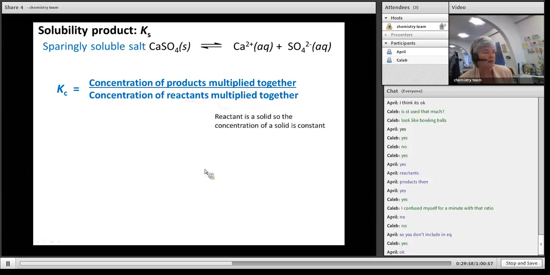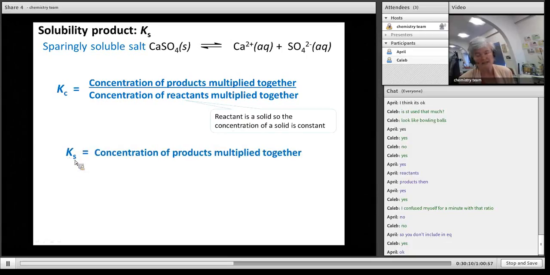Okay. So, as I said here, the reactant is a solid, so that's constant, so we can absorb those two constants together and make another constant. And that constant we call Ks. S for solubility. So you'll come across later on Ka, that's a constant relating to acids, or Kb, that's a constant relating to bases.